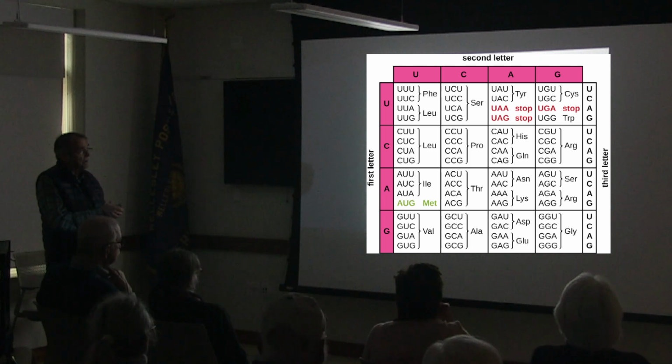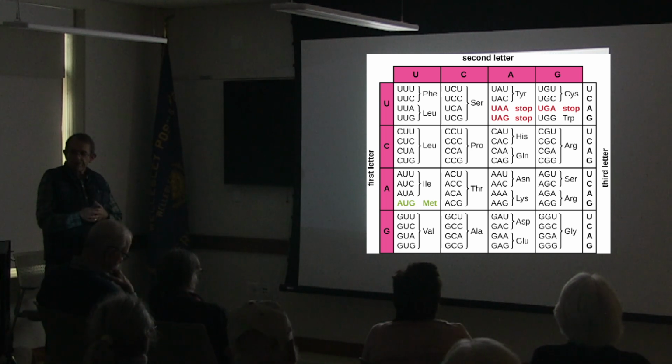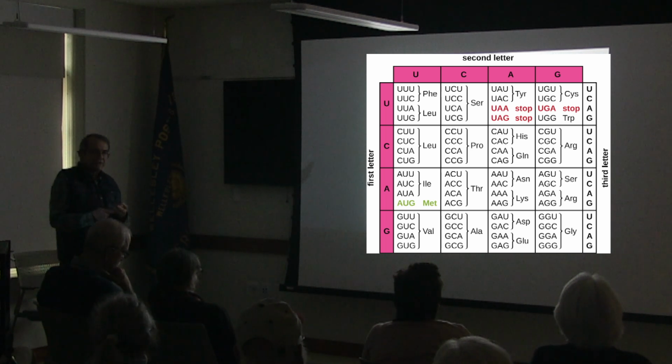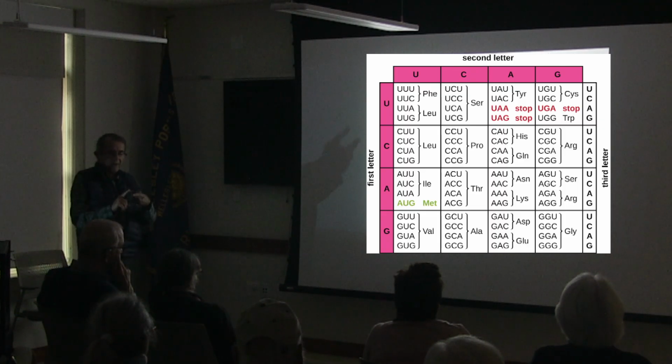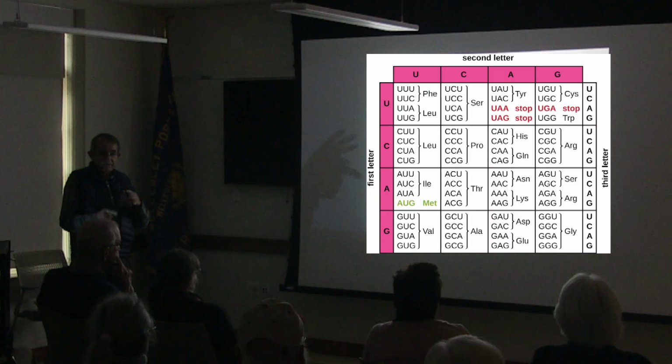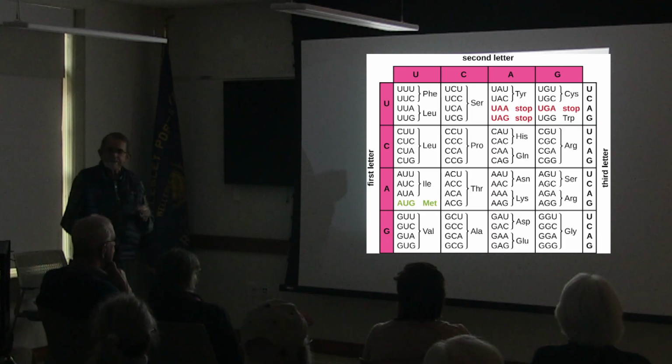And there are 64 combinations of 4 letters, AAC, AAT, AAG, etc. That's just 4 times 4 times 4. Every one of them means something, okay?